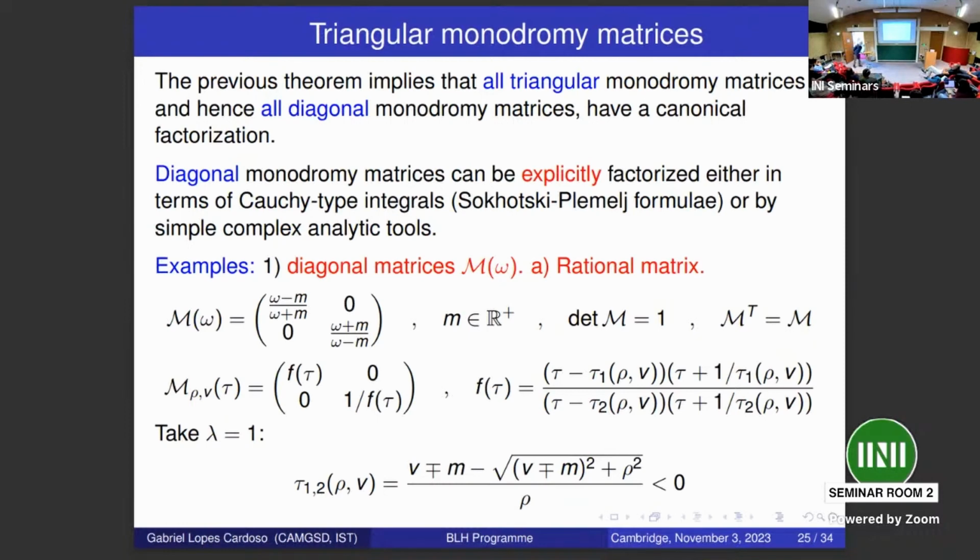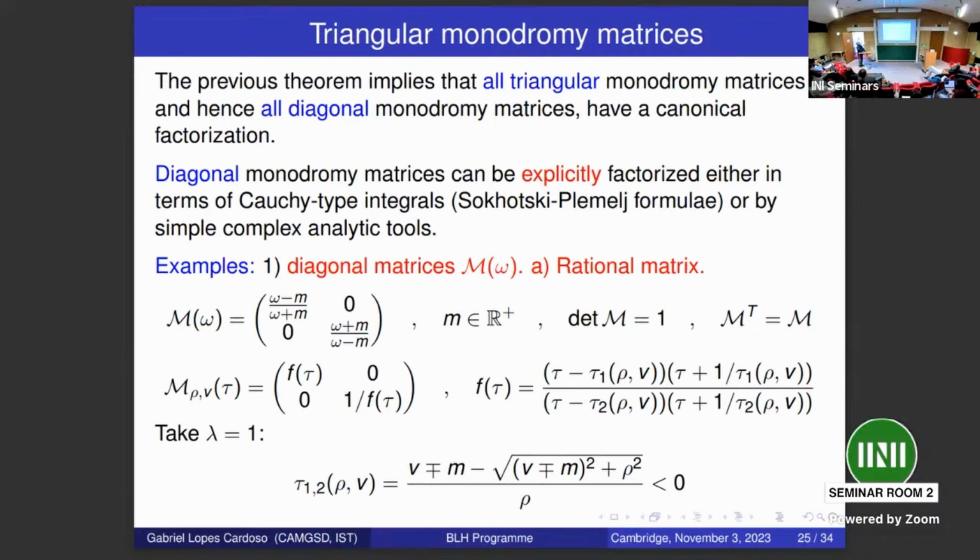So now let's look at explicit examples. Let's start with diagonal monodromy matrices. Now, it turns out that diagonal monodromy matrices can always be explicitly factorized, either by invoking Cauchy type integrals or generalizations thereof given by these Sokhotski-Plemelj formulae, or by using simple complex analytic tools. So let me explain that now.